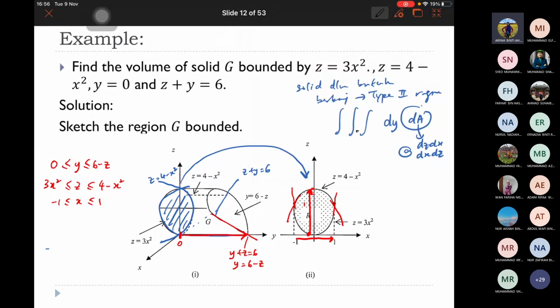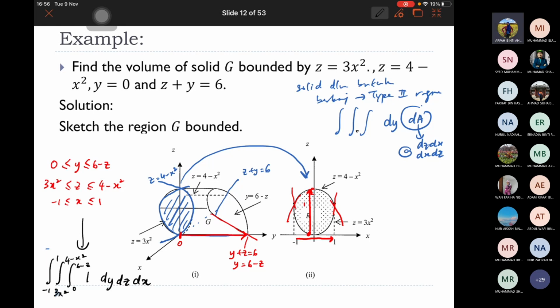So kita akan ambil dia punya integration akan jadi integrate 1 terhadap dy, dz, dx. Okay. So negatif 1 sampai 1, 3x squared sampai 4 tolak x squared, 0 sampai 6 tolak z. So itu adalah dia punya integration of the function.